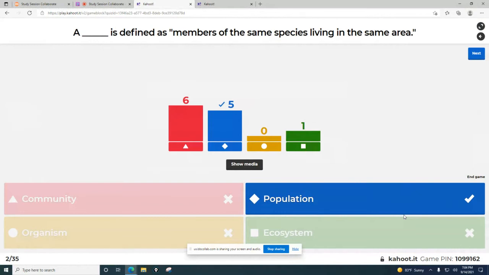Members of the same species living in the same area, that is a population. So all of the gray squirrels on UC campus, that's a population. Community is one step up in our hierarchy. If we remember, the largest is biosphere, the smallest is atoms, and I would definitely note that level of organization. But for community, it's members of different species living in the same area. So all of the students and staff on campus, the gray squirrels, the geese, the trees, that is a community.